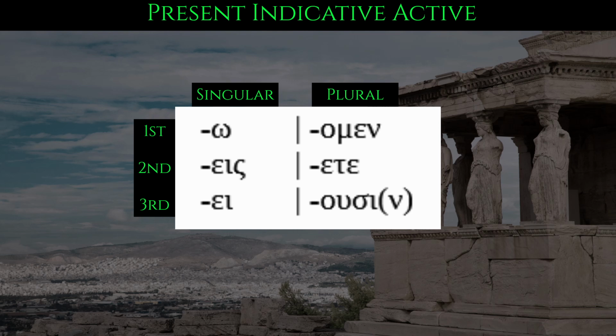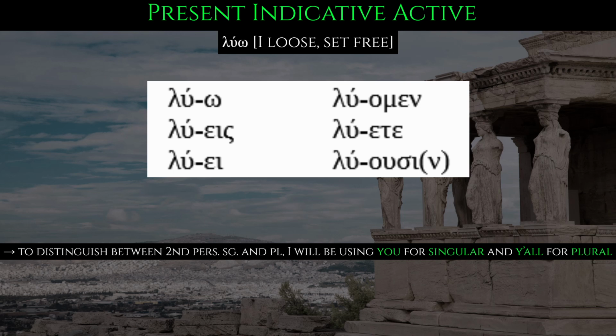So, here are the endings again. O, eis, ei, omen, ete, ousin or ousi. Now, to see this in action, let's look at the verb luo, which means I loose or I set free.